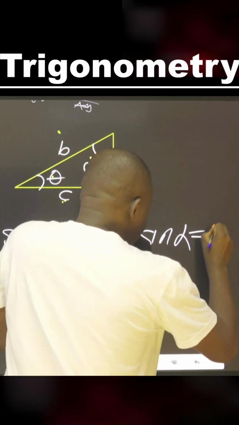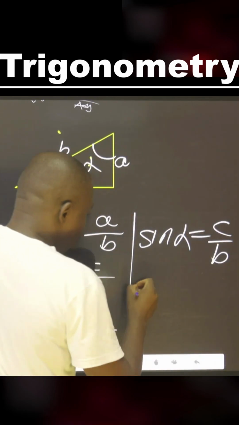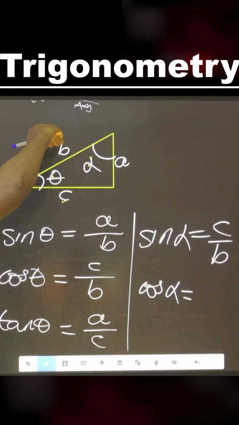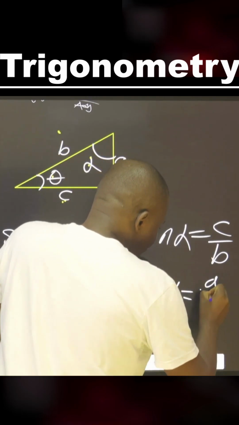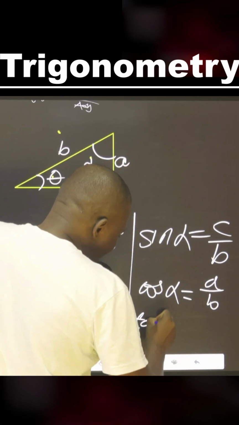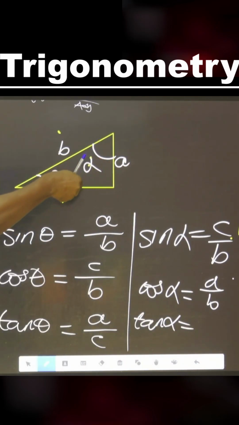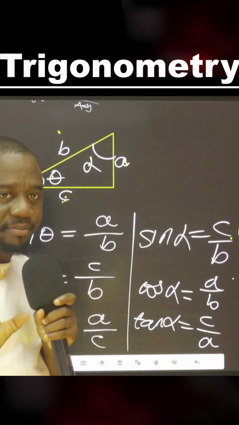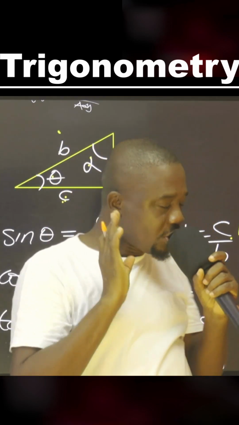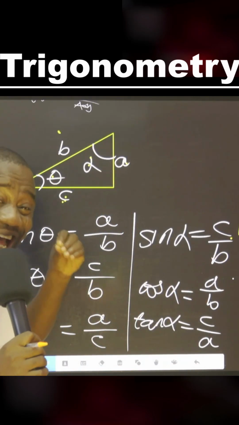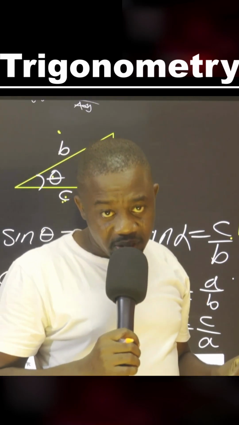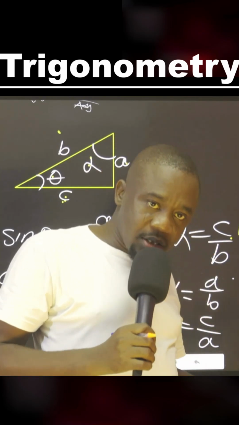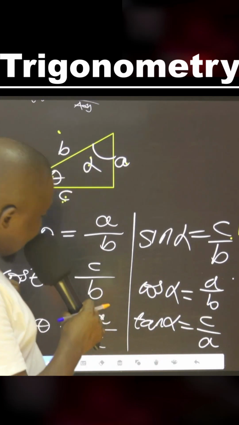That is C over B. While cos alpha is adjacent over hypotenuse, that is A over B. While tan alpha is equal to opposite over adjacent. Okay? Basic trigonometry ratios. So it depends on the angle you are considering that determines the labeling, the sine, the cosine, and the tangent.